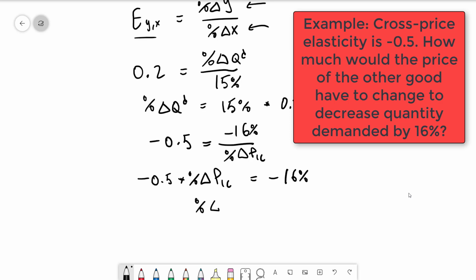That's going to give us percent change in the price of ice cream equals negative 16% times negative 2. The negatives are going to cancel out, and that's going to leave us with the percent change in the price of ice cream needs to be positive 32%. So in conclusion, if the price of ice cream increases by 32%, that will decrease the quantity demanded of pie by 16%.